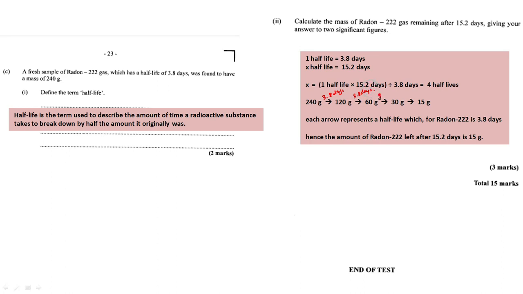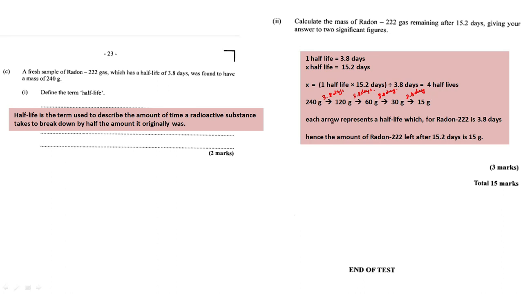Then another 3.8 days pass by, it breaks down to 30 grams, and then half of 30 would be 15, 3.8 days again. So 4 times 3.8 days will be equal to 15.2 days. So over the span of 15.2 days, we went from a mass of 240 grams to 15 grams.